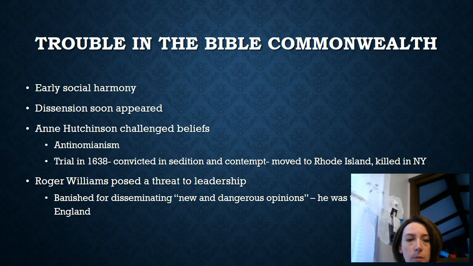As she's questioned about this, there's a couple of issues. One, she's a woman and she shouldn't be in a position of church authority. And two, she claims she has a direct communication with God, which is a big claim. Many people look at that as, here they're calling it sedition. And she is ousted from the colony. She and her family make their way to Rhode Island, which we'll talk about in a second.